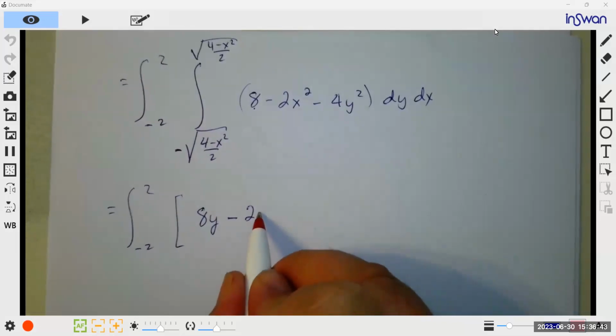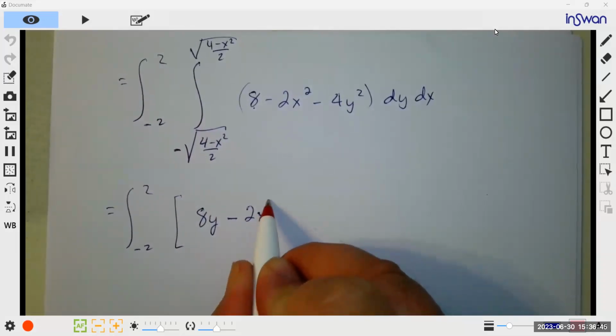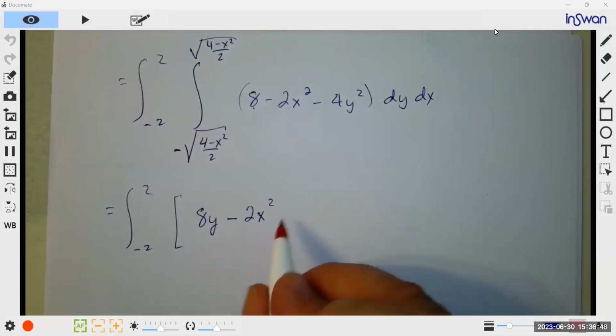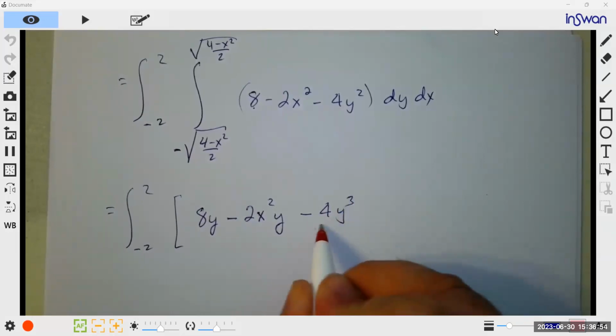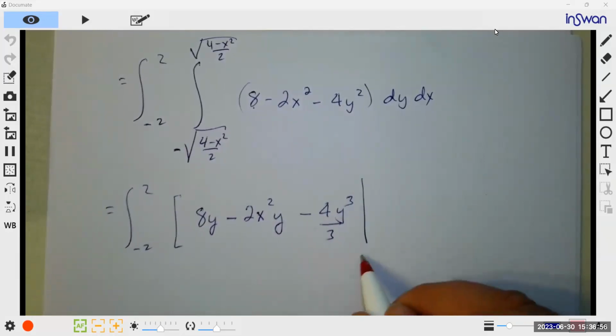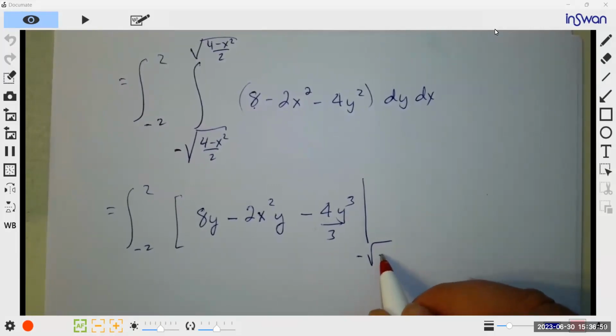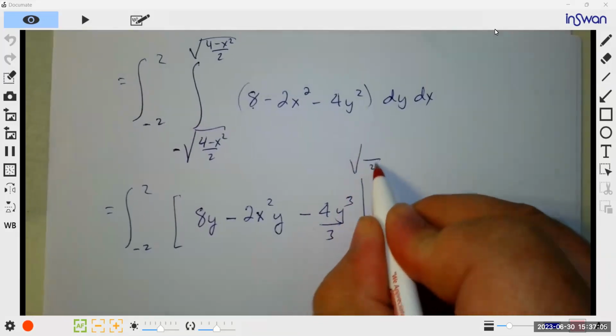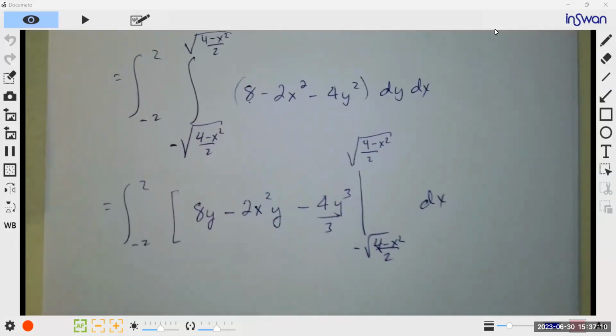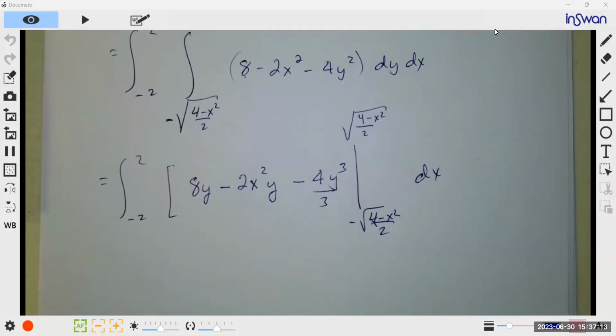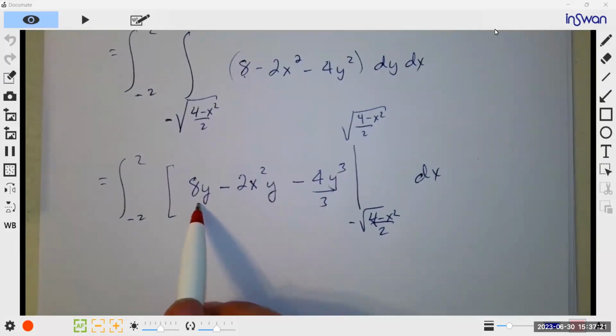The integral of 2x squared is 2x squared y, and of 4y squared is 4y cubed over 3. Okay, actually, we can make it easier.